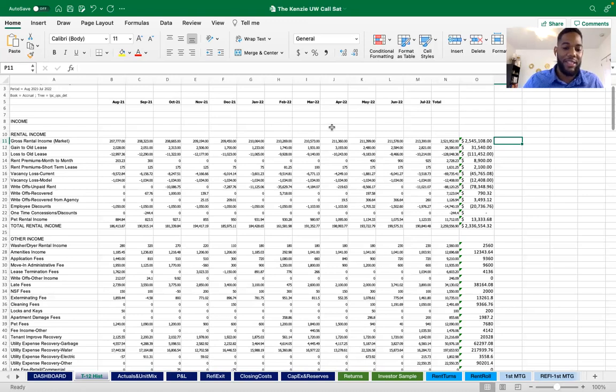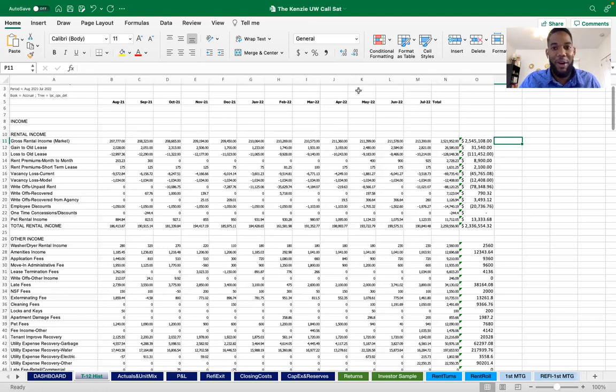Okay, so I think that's on the right line, and Charles would have the more detailed version of the explanation, but you hit the nail on the head. For me, physical vacancy is a unit that's unoccupied but would not take much to get rent-ready. Economic vacancy is if a unit needs substantial rehab, or it's a model unit, or a leasing office used as a unit, or units that are physically occupied but tenants are not paying rent.